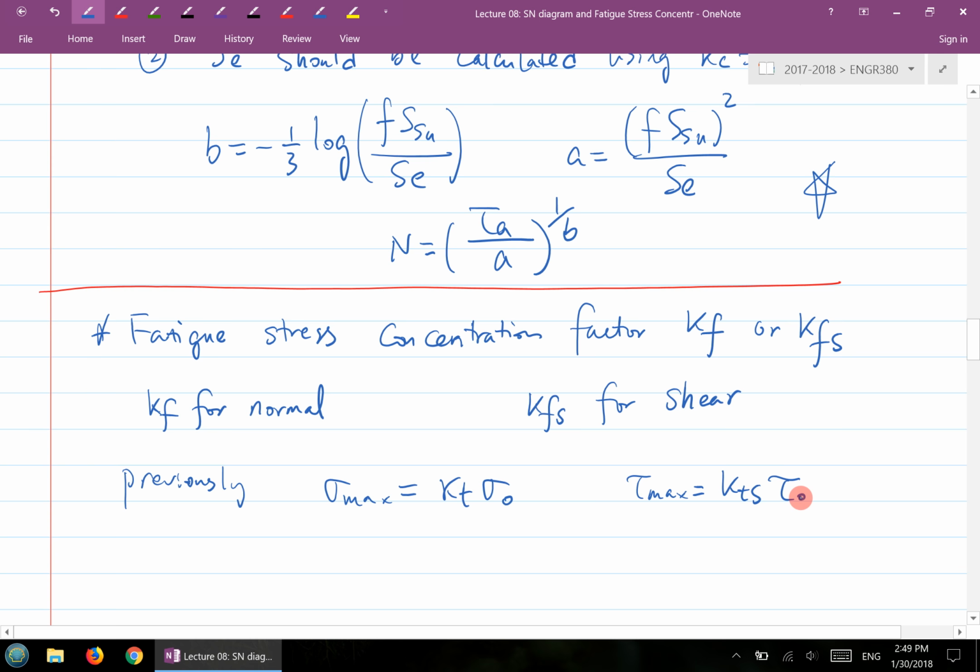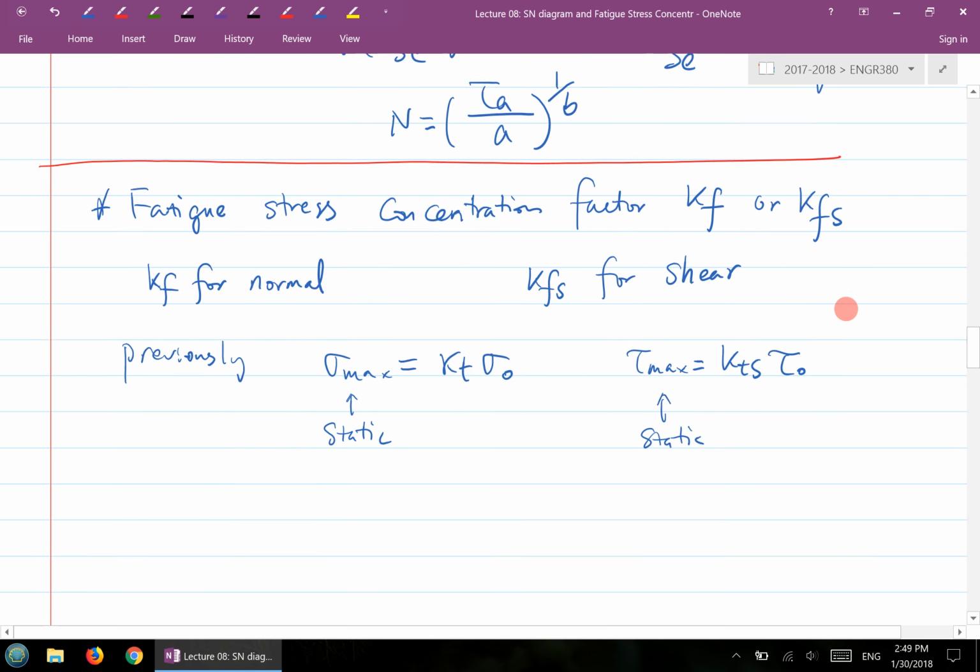That's the stress concentration factor, Kt, Kts. But if you recall, these two are basically for static loading conditions. So if you have static loading, then you apply Kt, Kts wherever there is a non-uniform geometry, whenever there's a hole or a notch, and then you can look at the appropriate table or figure to find the Kt value.